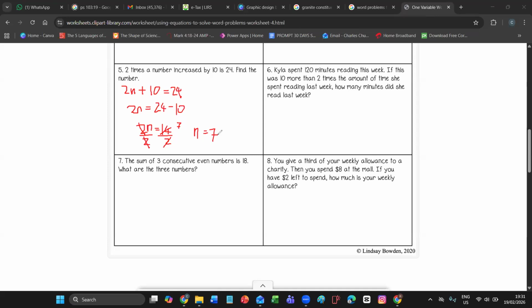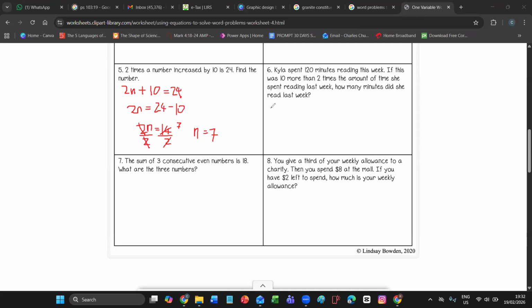How many minutes did she read last week? So we're going to do an equation in terms of last week's number of minutes, right? Yes, sir. Because that's the one we want to find. Technically, we already know how many minutes she did this week. So let's use a letter to represent how many minutes she did last week. So maybe we can use M.